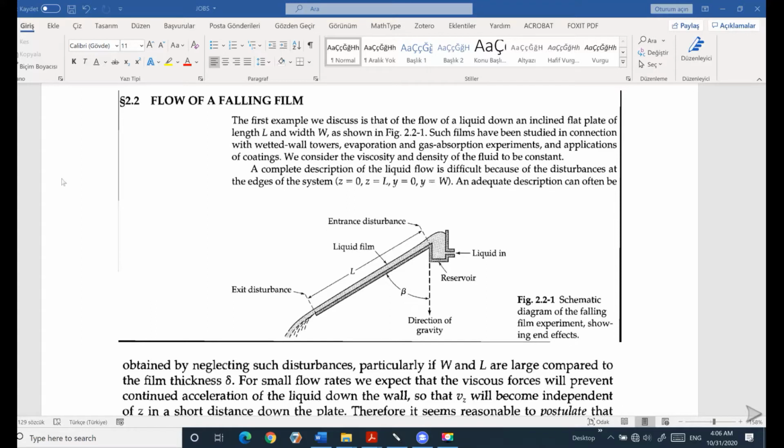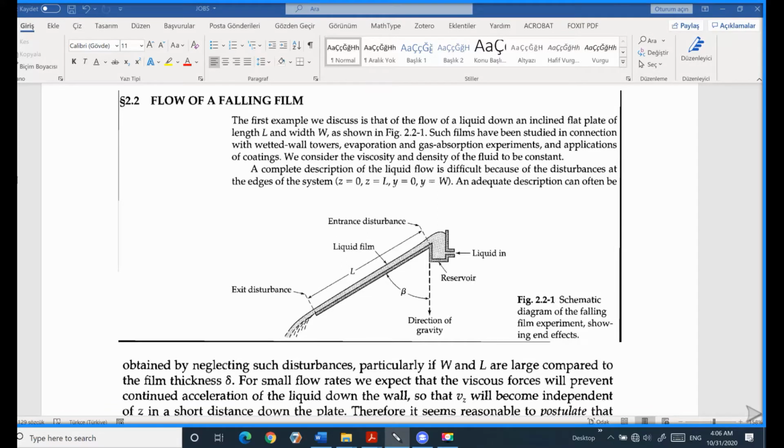We can consider rectangular coordinates. Actually, here this direction is going to be z, and this direction is going to be x.